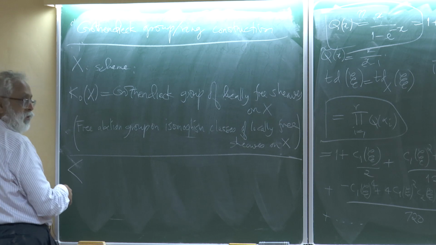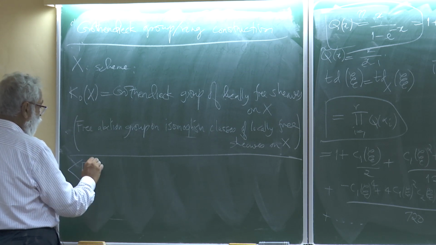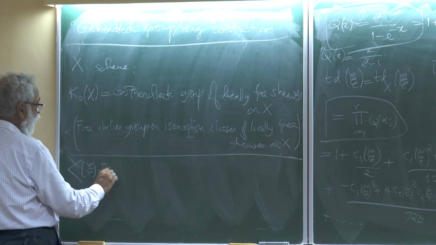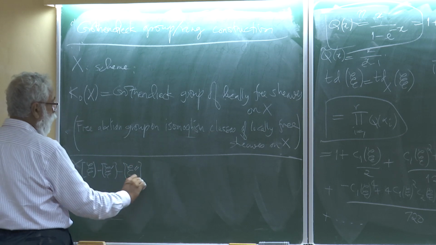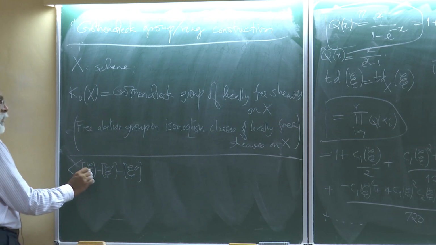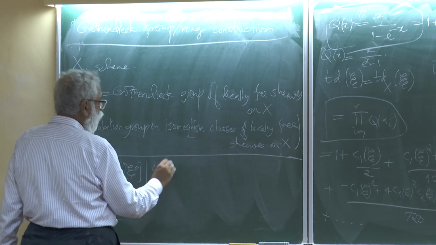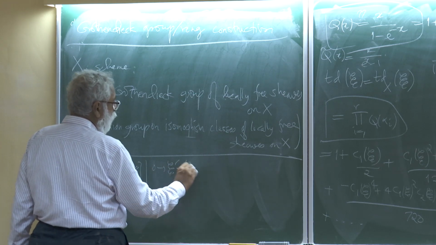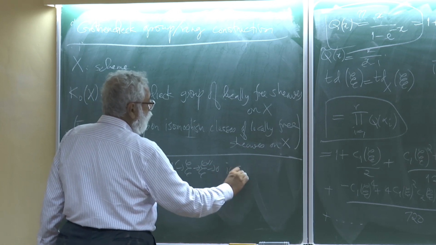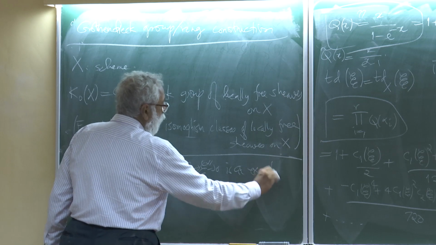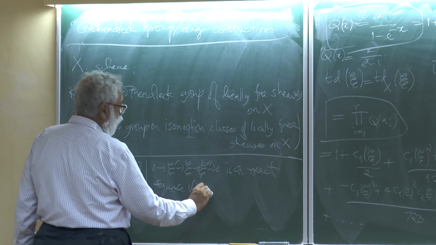So for that, I'll write this angular bracket. So if you have vector bundles E, E prime, and E double prime, I'll look at the difference between E and E prime plus E double prime such that 0 to E prime to E to E double prime to 0 is an exact sequence of vector bundles.